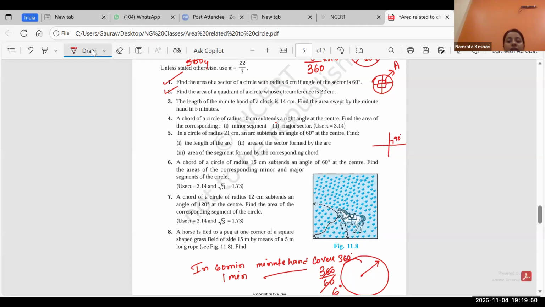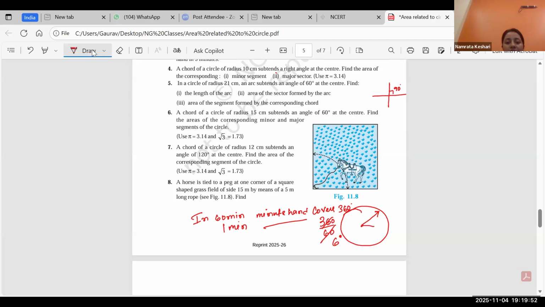So we are trying to check in 5 minutes what angle it is covering, if it is going from here to here. So in 60 minutes, it is covering 360 degrees. In 1 minute, it is covering 6 degrees.